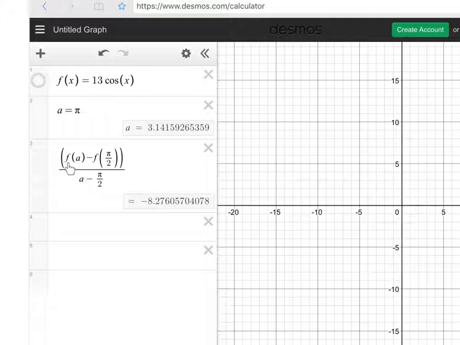So it's going to be f of whatever the endpoint of the interval you're given, minus f of the beginning of the interval, which is pi over 2 in this case, divided by the endpoint minus pi over 2. So when the endpoint is pi, I type in a is pi. Now this will be 13 cosine pi minus 13 cosine pi over 2, divided by pi minus pi over 2. That's how I get to my first answer.